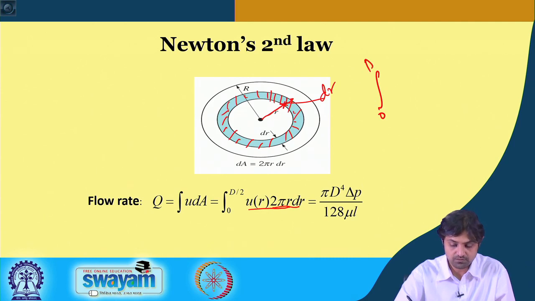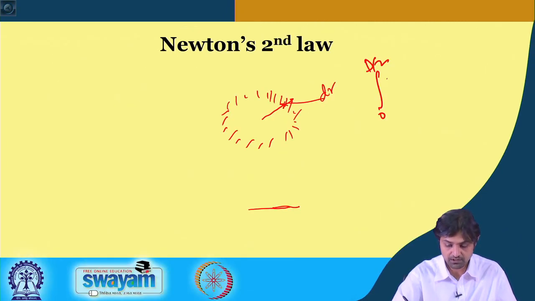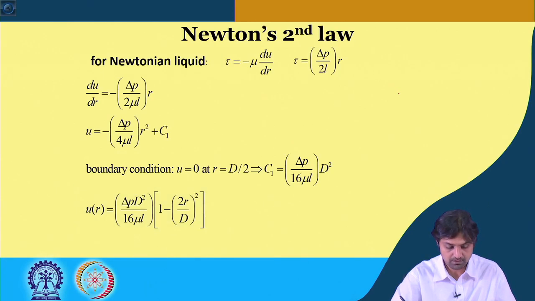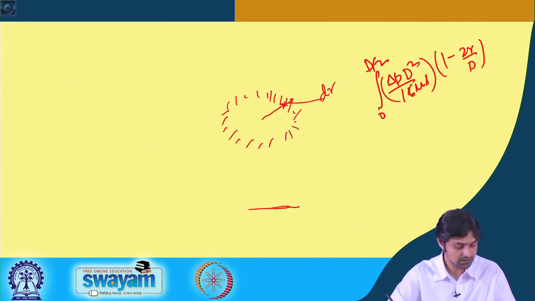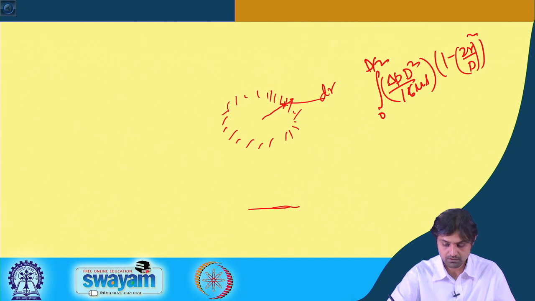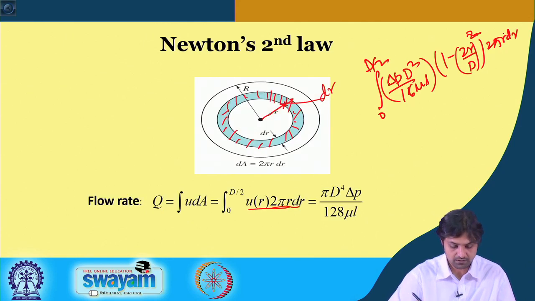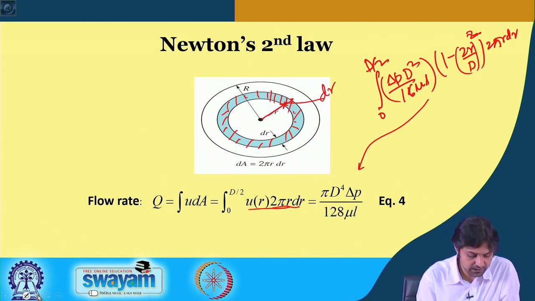So integral 0 to d by 2, u r was delta p d square by 16 mu l into 1 minus 4 r square by d square, all right, into 2 pi r dr. Okay, and on integration we will come up with this equation, pi d to the power 4 delta p by 128 mu l.